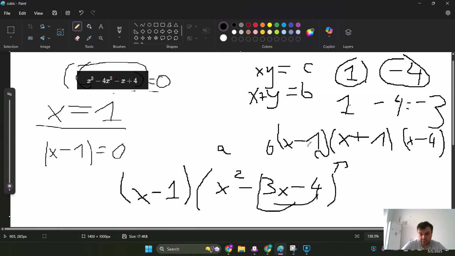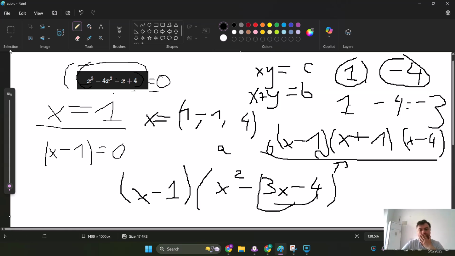When we check the root, we need to write the opposite number. So the solution is x equals 1, or x equals minus 1, or x equals 4, because we changed the sign, it should not be minus 4, it should be 4. This is our solution.